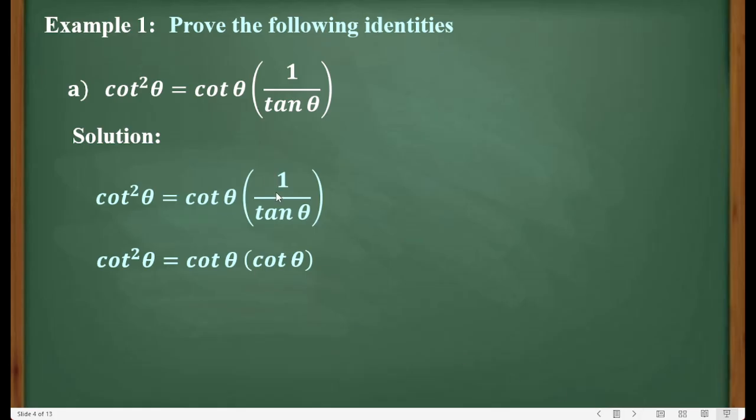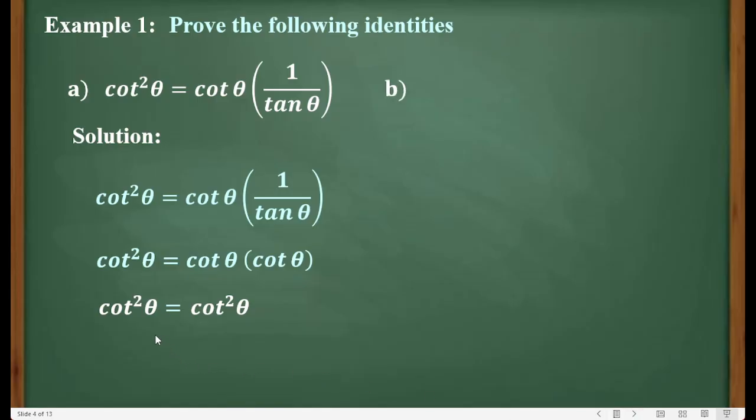As a result, the right side will now be cotangent theta times cotangent theta. And we know that the result of multiplying two identical functions will be cotangent squared of theta, which is now the same as the left side, cotangent squared of theta. Therefore, we have just proven this identity.